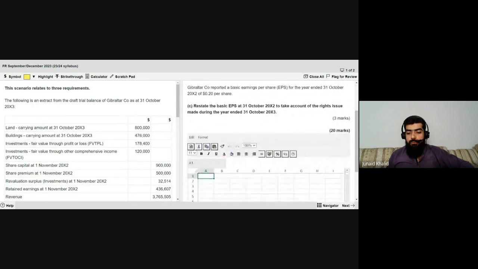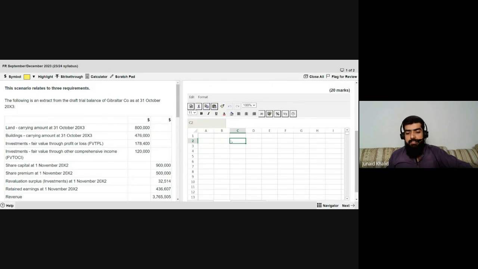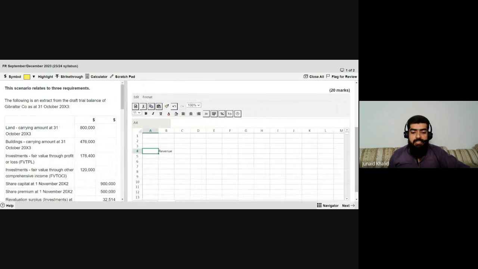Now, how am I going to do that one? My habit is that whenever I see a requirement, I make a format of that particular question. For example, if it states that we need to calculate the income statement, for that we need two line items, that is the revenues and expenses.